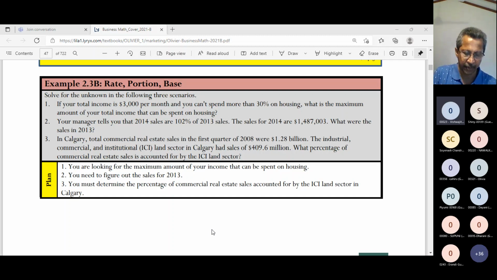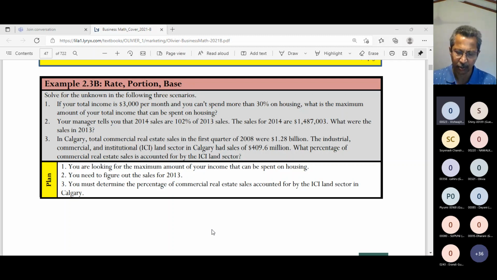Then the next one. Your manager tells you that 2014 sales are 102% of 2013 sales. All these are practical things. The sales for 2014 are $1,487,003.